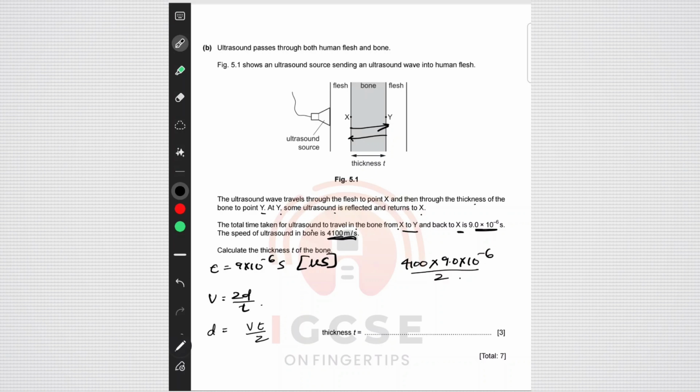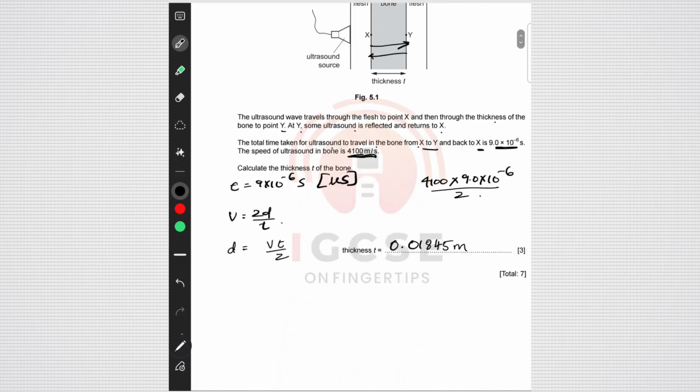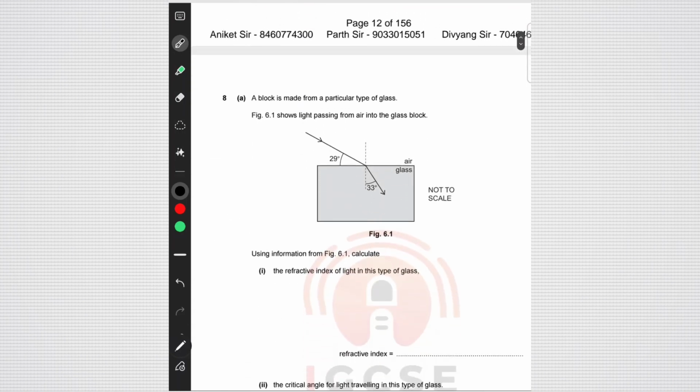Let's find 4100 multiplied by 9 multiplied by 10^-6 and the whole thing divided by 2 in your calculator, which will give you 0.01845 meter. This will be your answer.